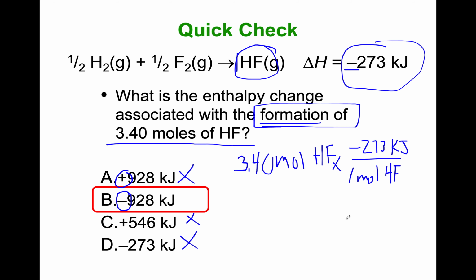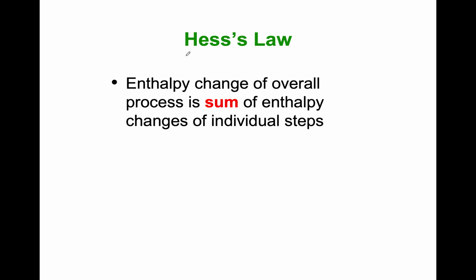So that's looking at the enthalpy of a reaction. Now, this is actually one of my favorite areas, Hess's law. What we're going to do is look at a combination of reactions and treat them like puzzle pieces, and sum it up to solve for unknown enthalpy.